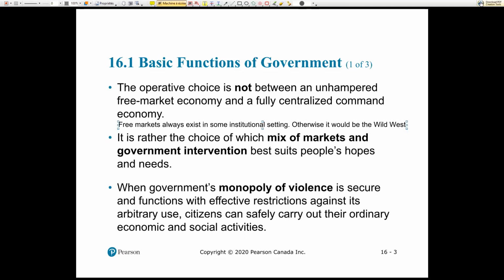And by the way, it's a place in which you don't have that. So if the government doesn't have a monopoly on violence, then you wouldn't say this is a stable situation. Why? So I'm just going to say, yeah, no monopoly on violence. Not a stable outcome.